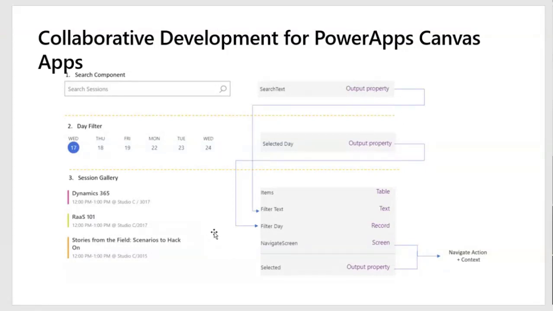As this app was being organized or planned, it was clear that the input for the gallery control that you see here was going to be driven by the output of the search text and selected day. The output of this gallery itself, along with a navigation action, allows you to go and do the interaction for this page and go to the next page.